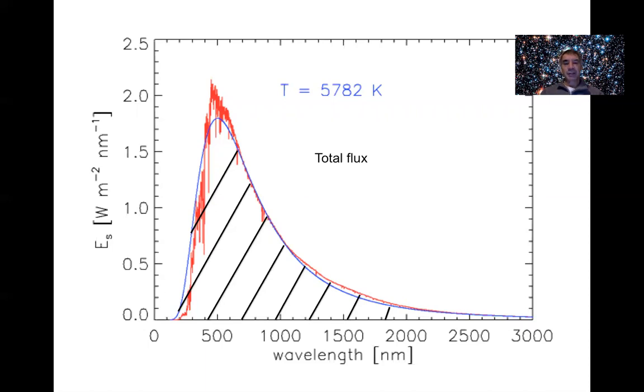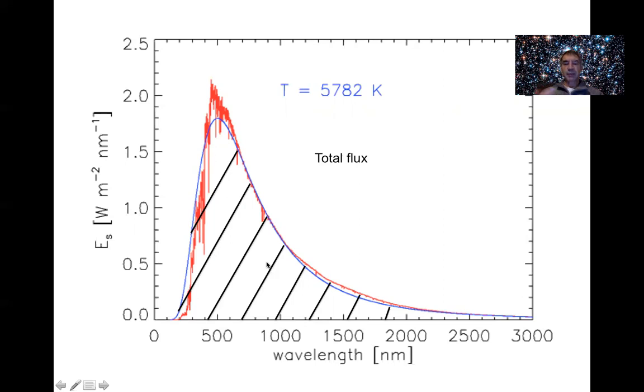If you take the Planck function and integrate it over all wavelengths, you come to that sigma T to the fourth part of the formula, the amount of energy per unit area radiated by a black body. Now, that's a bit more tricky of an integral to do. I don't think you'd know how to do it until those of you on the physics course have done a bit more mathematics. But it's doable.